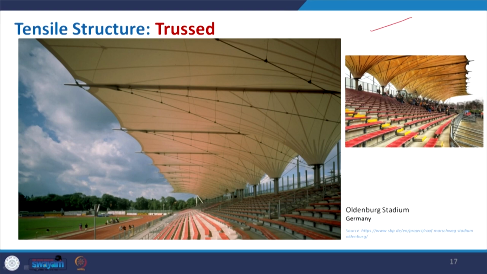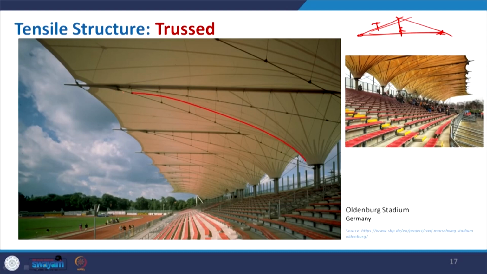It is basically an arrangement of structural members in a triangular form, which is much more effective to distribute the applied load and manage load transfer. Some members will take compression, some will take tension, and they will balance it and maintain static equilibrium. That is very important for making a truss.